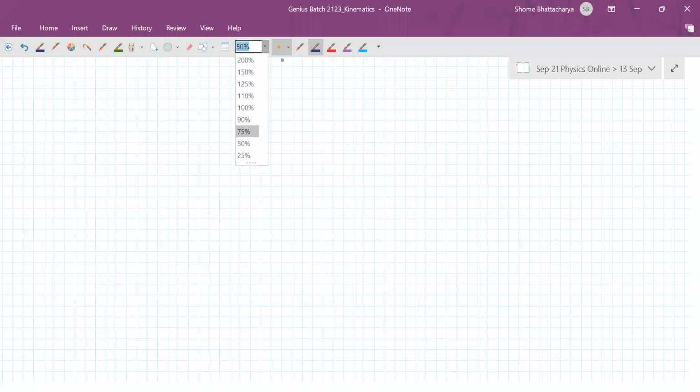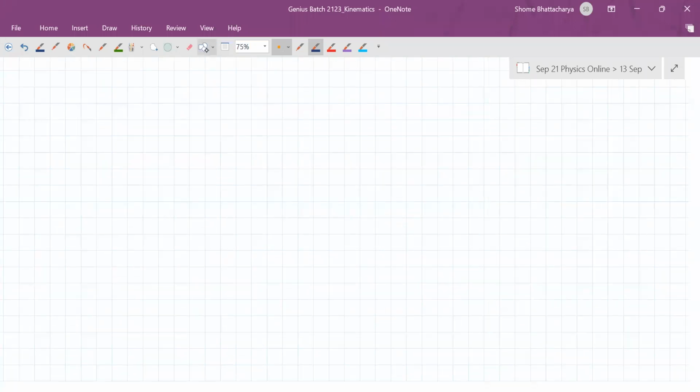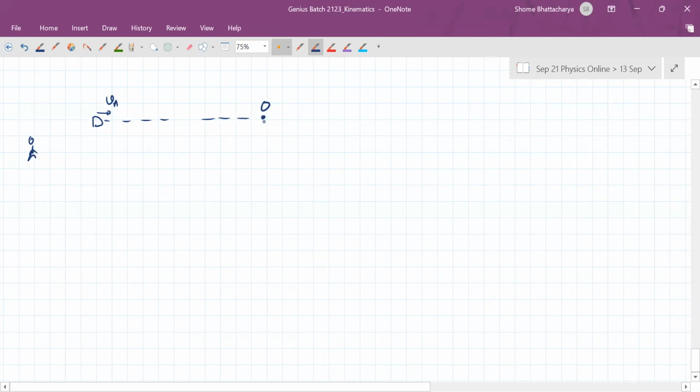So if we look at this thing from three perspectives, one is from the ground frame perspective. The ground frame observer is seeing A move like this. He's seeing the intersection point as stationary. And he's seeing B move like this. Okay. So after some time, he would have seen that A has reached somewhere over here, B has reached somewhere over here.